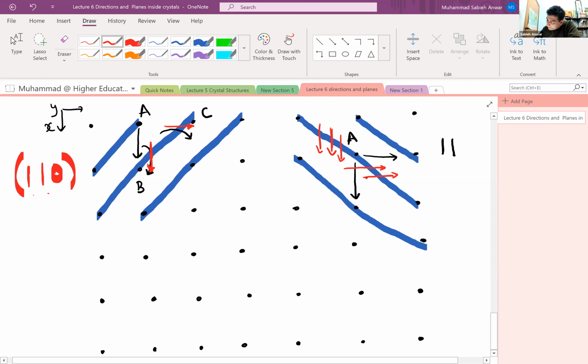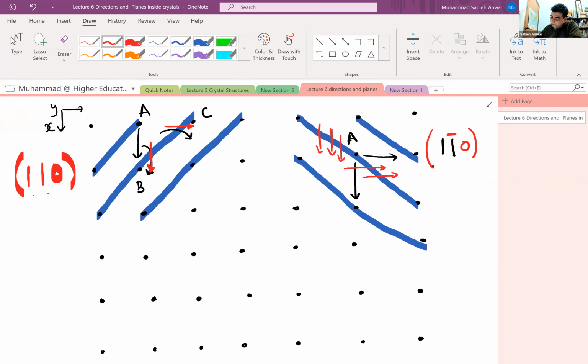So I would put a -1 on top of the second index that I've written. And the minus sign is symbolized by a bar on top of the number. So I have 1, 1 bar, 0. 1, 1 bar, 0 would identify the crystal planes that I've drawn on the right side of this figure.